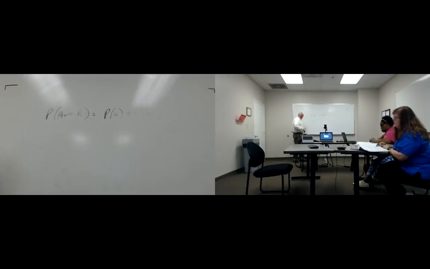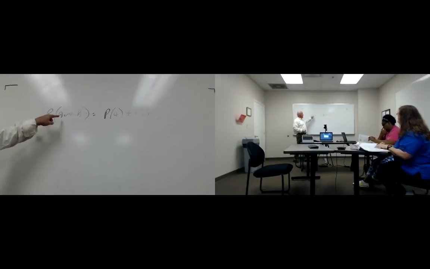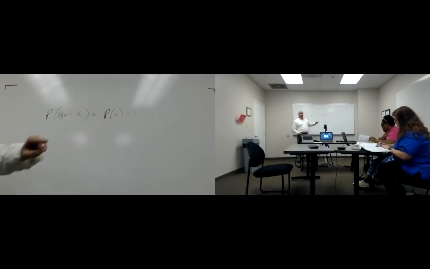The probability of either A or B occurring is equal to the probability of A plus the probability of B.